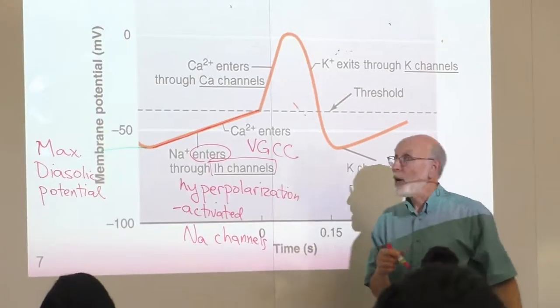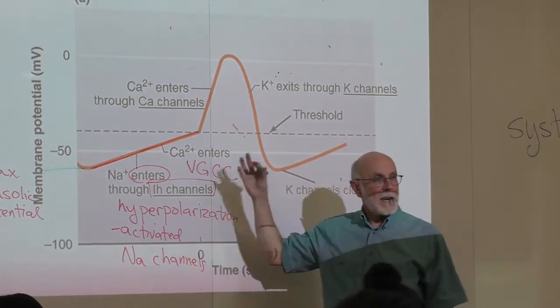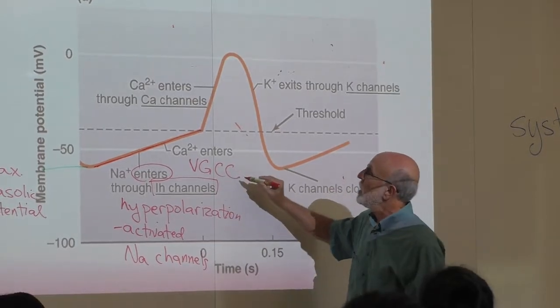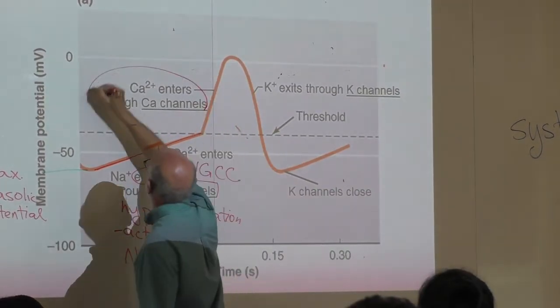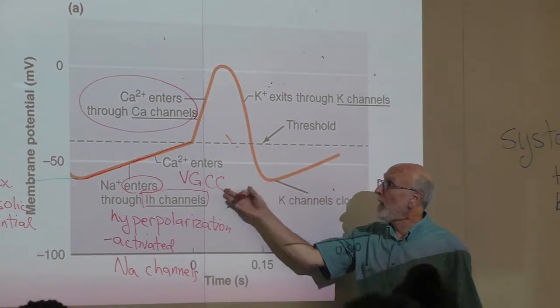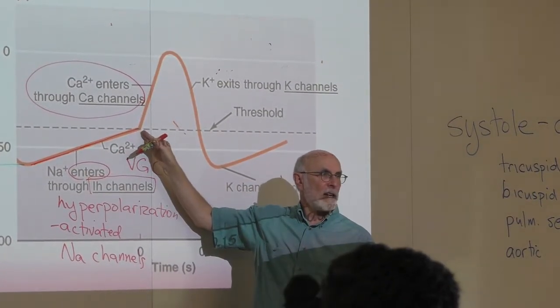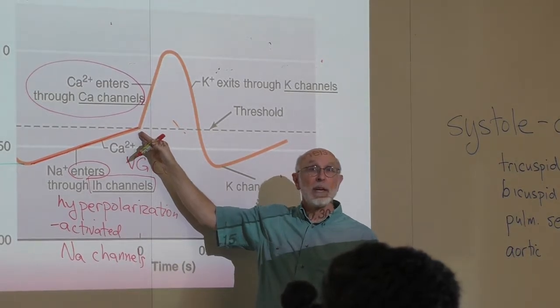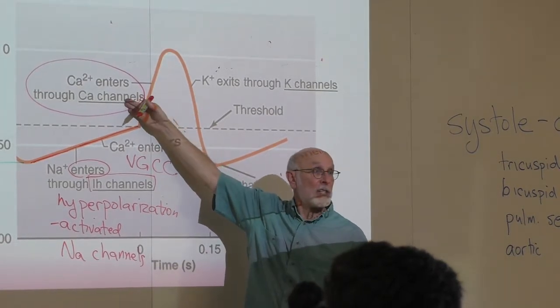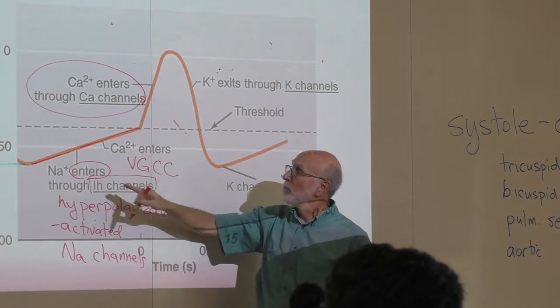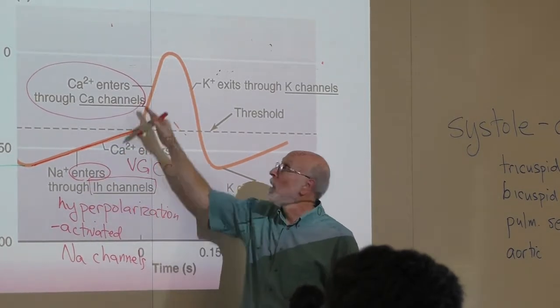Now the membrane potential has gotten high enough that we open a lot of voltage-gated calcium channels. So here, this was a small depolarization. It opened a few voltage-gated calcium channels, but eventually the depolarization gets big enough that it opens a lot of calcium channels. So a few, a lot.